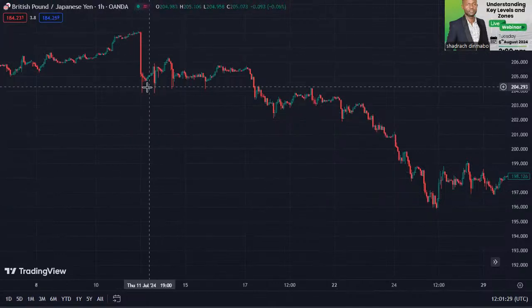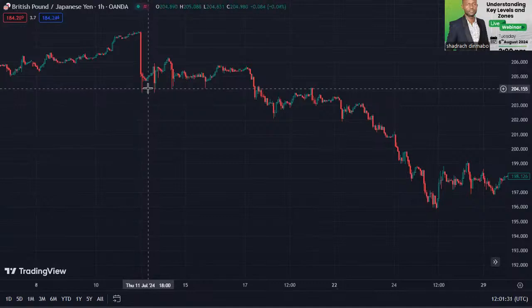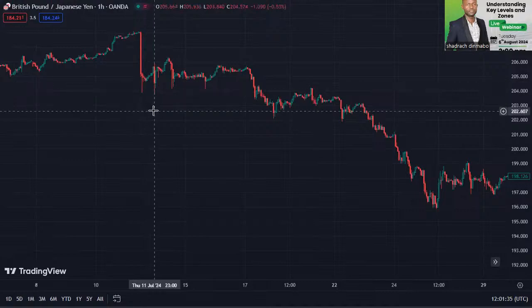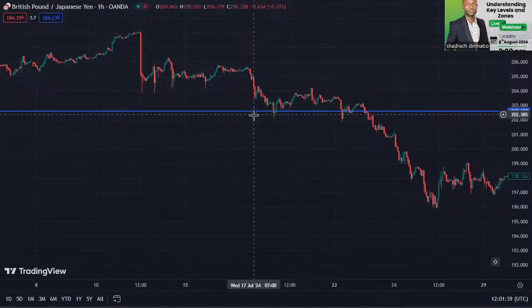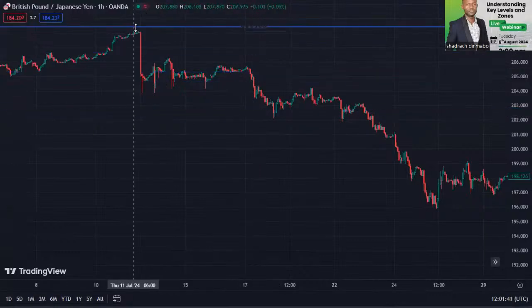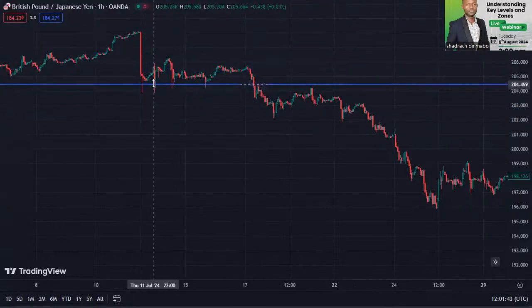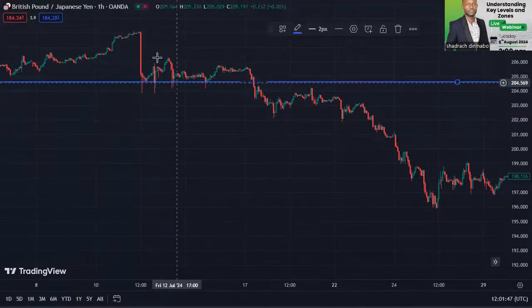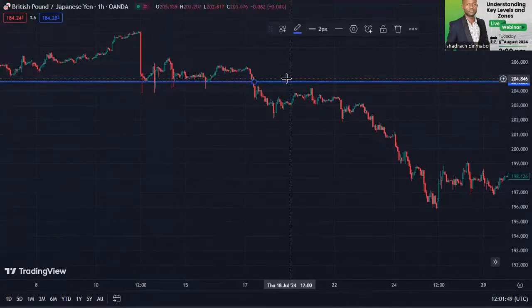If you watch this market, it stopped here, correct? Let's keep it at the wick, let's say the body, right? So the market was coming down, and then at a certain point here, there was a reaction. The market seems to have a support level here.